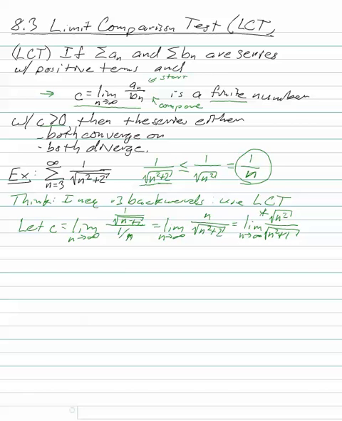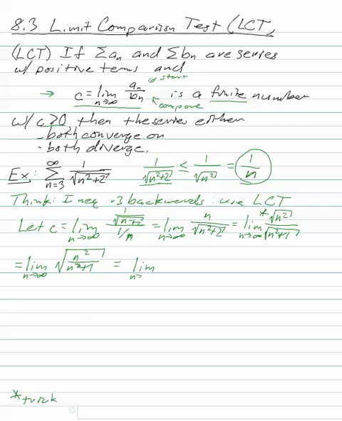This is our trick that you don't have to understand, and if you do, great, and if you use it, great, but who cares in the long run? The square root of a fraction you can combine. This is the limit as n goes to infinity of the square root of n squared over n squared plus 2. The square root is continuous on its domain, so we can bring the limit inside.